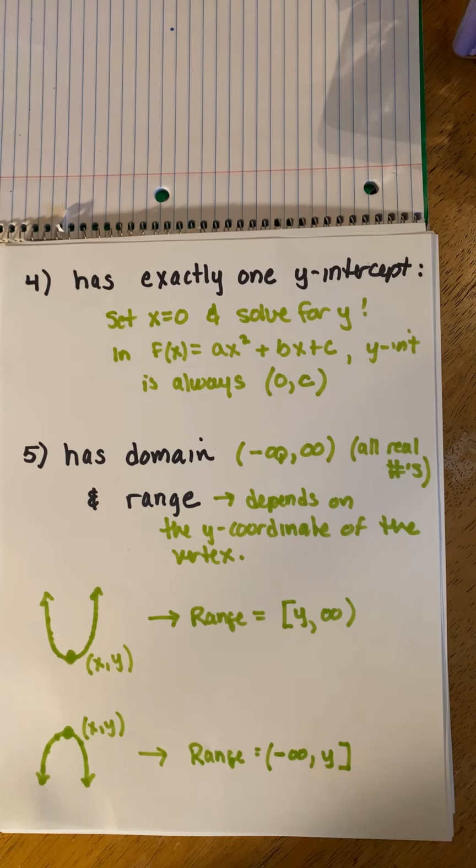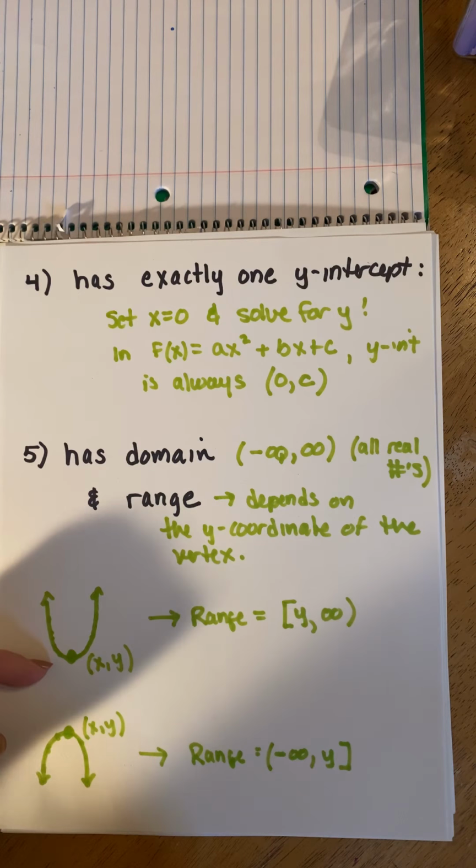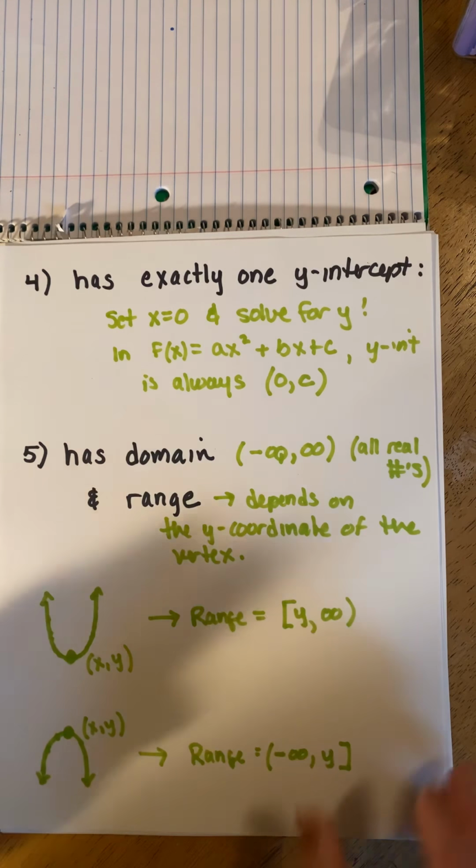All quadratic functions also have a maximum or a minimum value. If it's a right side up parabola, it will have a minimum value. That's the lowest it goes. If it's an upside down parabola, it will have a maximum value. That's the highest that it goes.